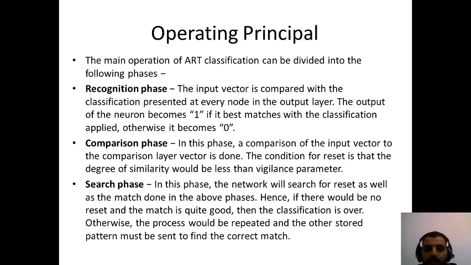In this phase, the network will search for reset as well as the match done in the above phase. If there is no reset and the match is quite good, then the classification is over. Otherwise, the process repeats and the other stored patterns must be sent to find the correct match. So, this is with reference to the operating principle.